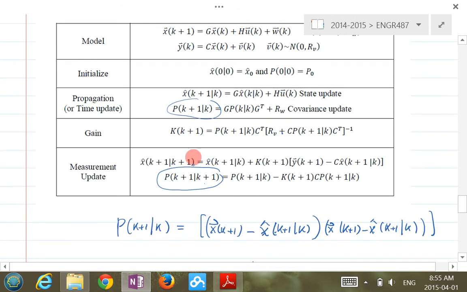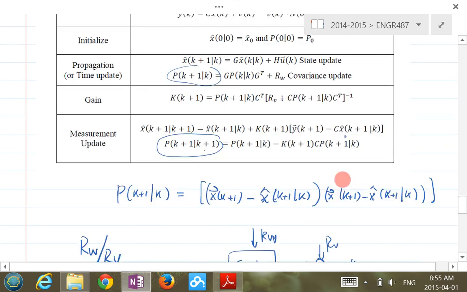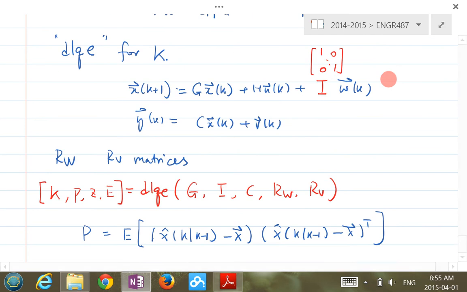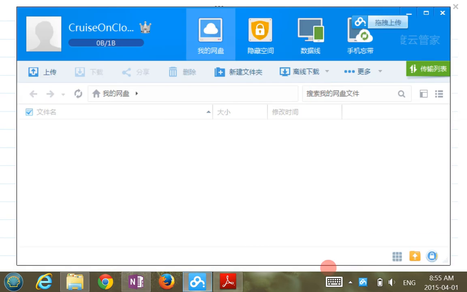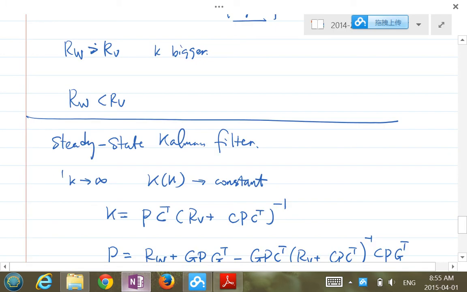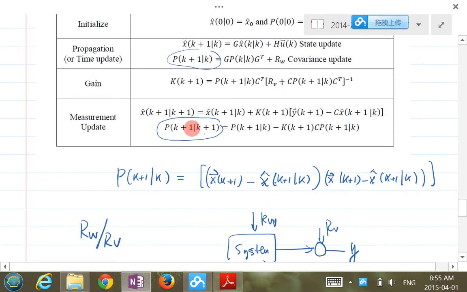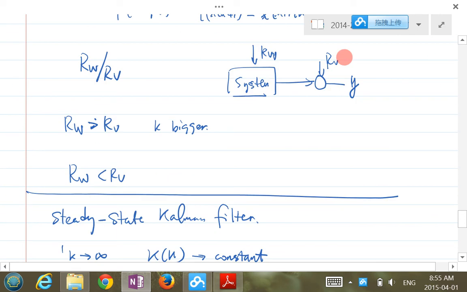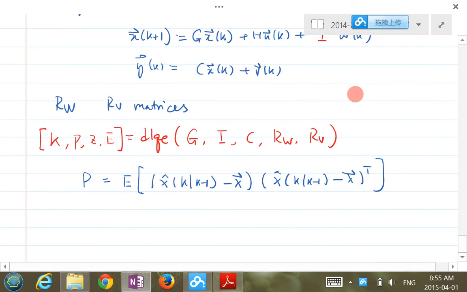The P returned from DLQE is this guy here. And the second one, the Z, is this, from the DLQE.